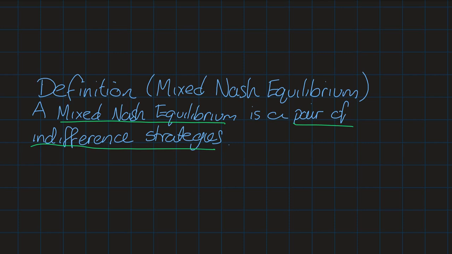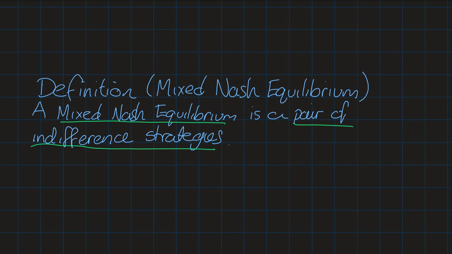No matter what their opponent does, it doesn't matter. Their expected payoff is the same because it's an indifference strategy. By definition of an indifference strategy, it makes your opponent indifferent to their choice of strategies. So a pair of indifference strategies means that both players are indifferent to what they play. And this is the definition of a mixed Nash equilibrium.